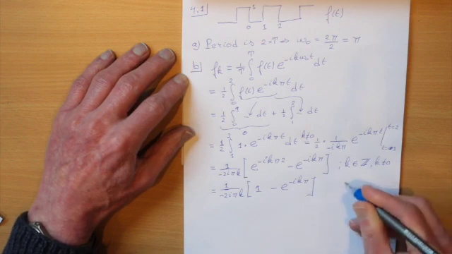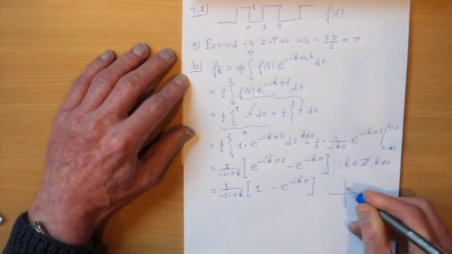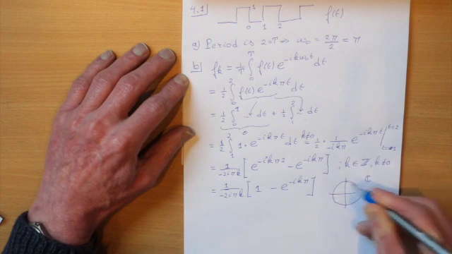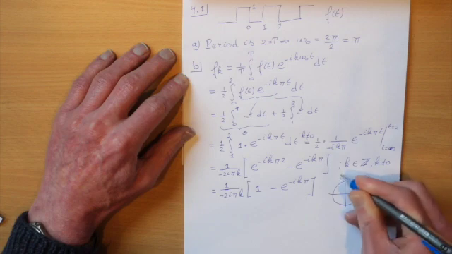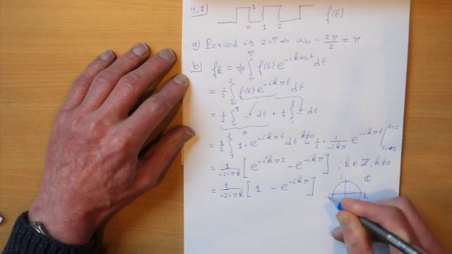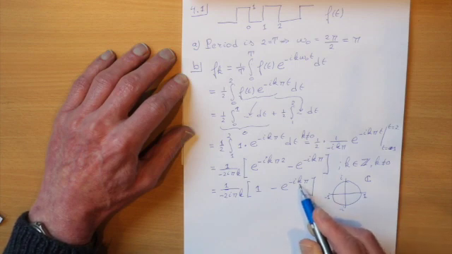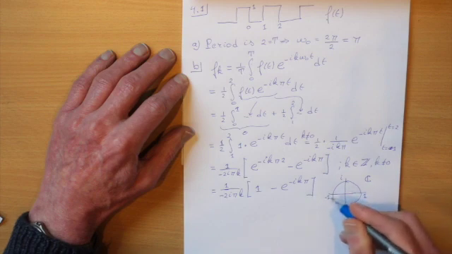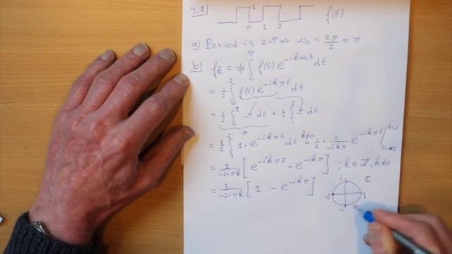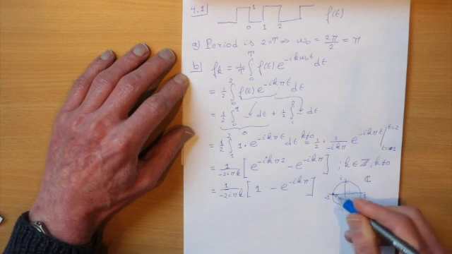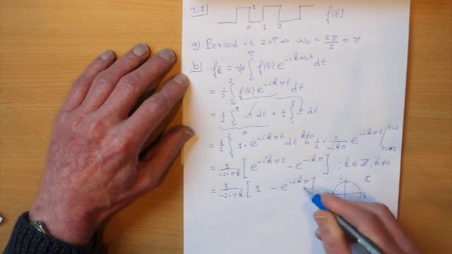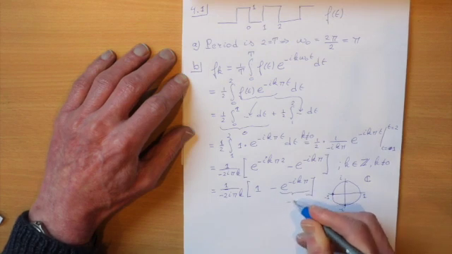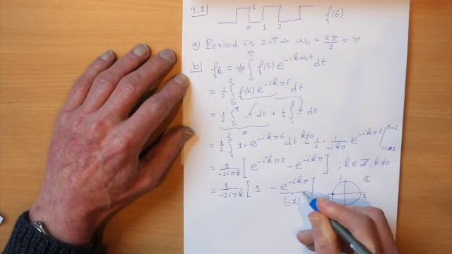We look at this one. Just think of the complex plane. Here I have the unit circle, here is 1, here is i, minus 1. If k is 1, then I'm here, at minus 1. If k is 2, I'm here. k is 3, I'm again here. So this quantity is minus 1 to the power k.